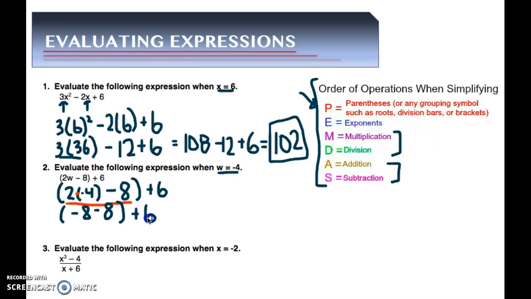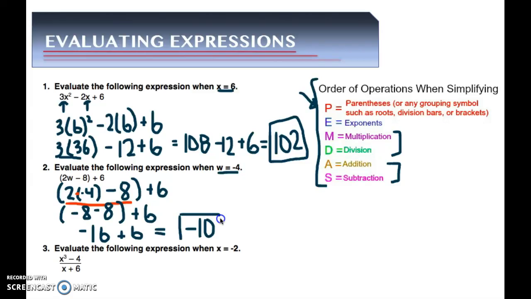Okay, a negative 8 and a negative 8 drop me down into negative 16. And then I have a positive 6. So if you are in the hole $16 and somebody gives you $6, you are still in the hole, but you are only at negative 10. And there is your final answer.